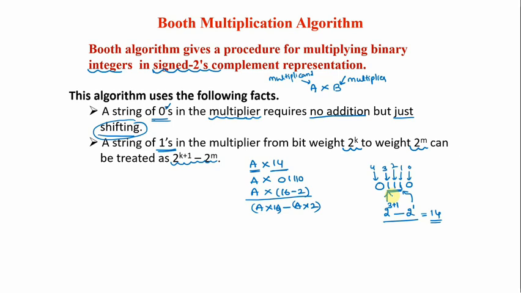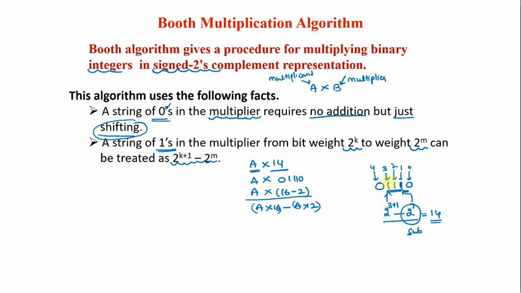It means whenever there is a string of ones, when you find the first one, the least significant one, you perform a subtraction of the multiplicand from the partial product.